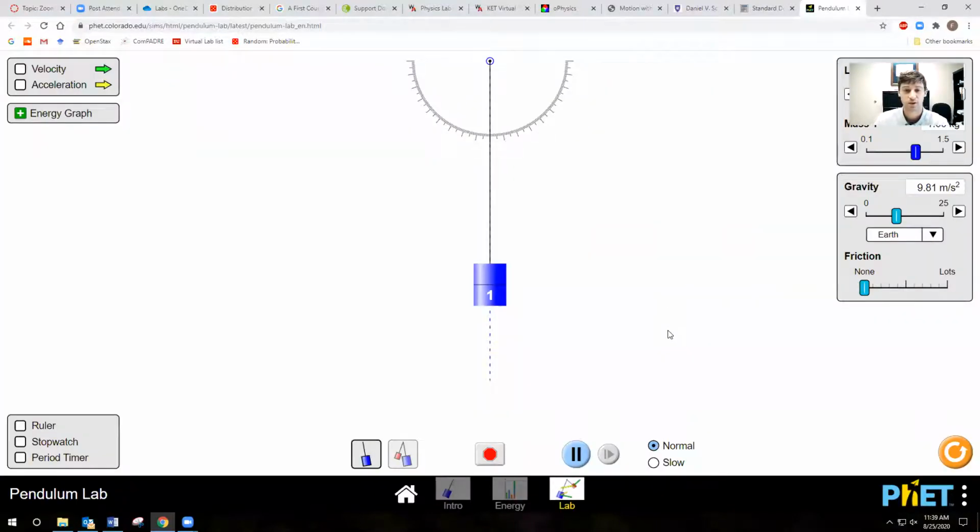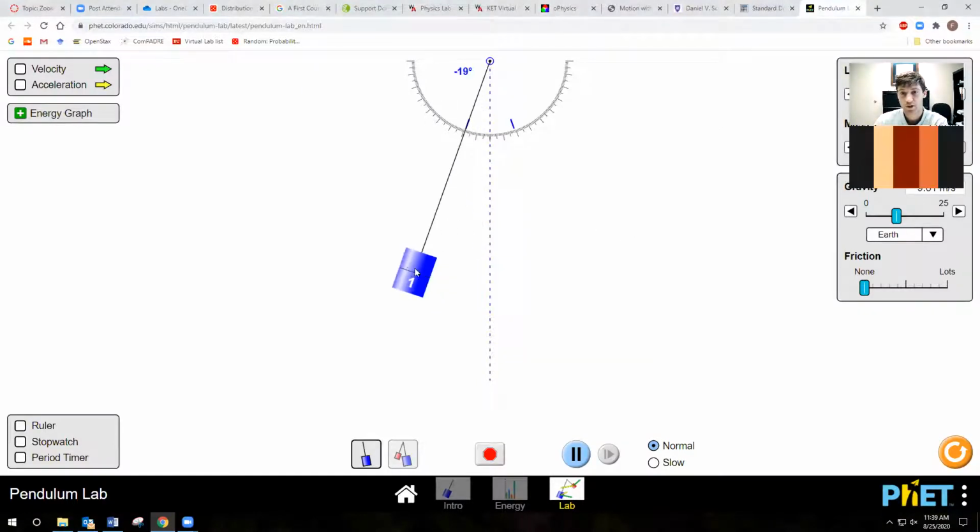So you'll use the lab selection, and you'll see this simulator, which is a pendulum, and you can move the pendulum to an initial position, release it, and then you can see the pendulum swinging back and forth. And of course, it's an ideal pendulum, so you wouldn't have the same amount of experimental uncertainties that you would have in a real experiment, but we'll still be able to simulate it to a certain extent.